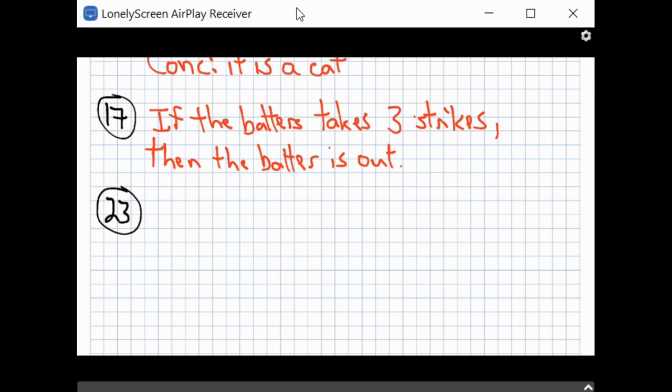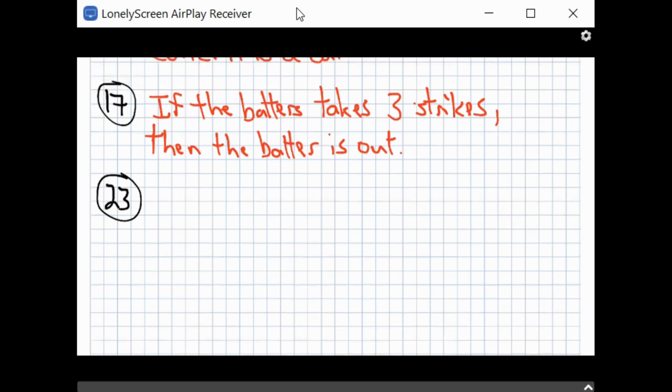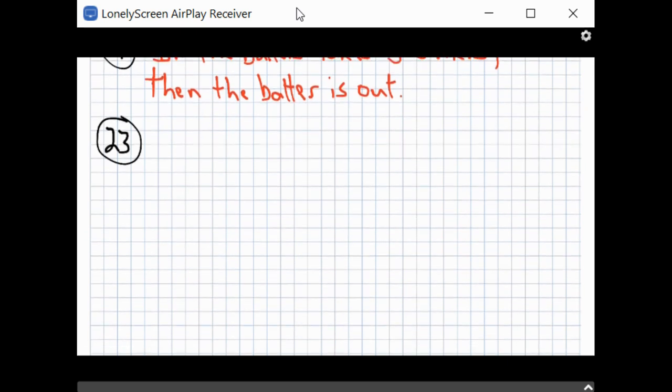23, this one we're going to write a converse, inverse, and contrapositive of each statement and evaluate if they're true. So this will be a little longer where we get to go through all 3 different versions of the conditional statement. So 23 says, if freezing rain is falling, then the air temperature is 32 degrees or less. So I'm just going to abbreviate what they give us to have it as a reference point.